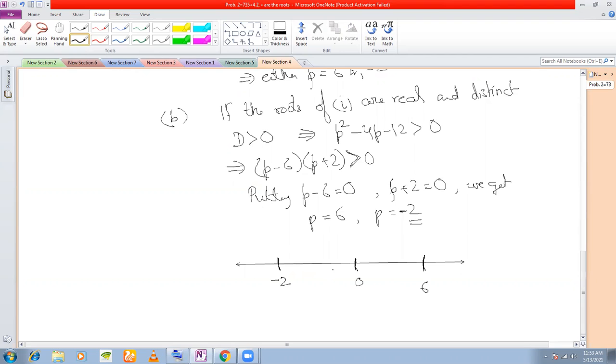Now in this, whenever you have this kind of an inequality sign, then you conclude that p must always be less than minus 2, because there's no equality, and p must always be greater than 6. So from this inequality, we conclude that p must be less than minus 2 and p must be greater than 6. Clear with this?